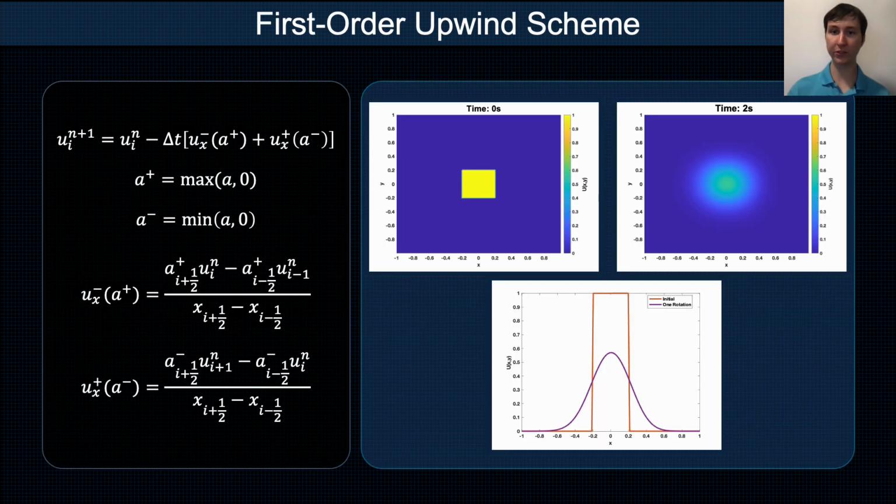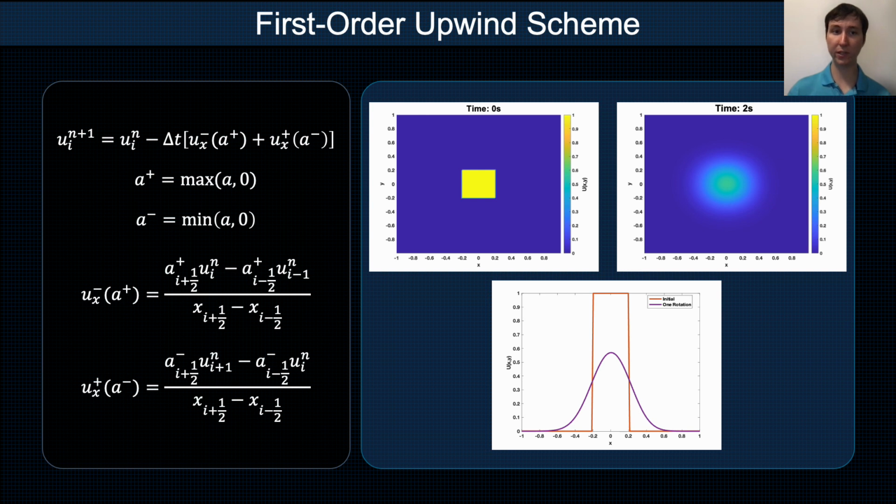Now that we've introduced our time discretization schemes, let's take a look at our spatial discretization schemes. So first we're taking a look at the first order upwind scheme. Here on the left we show what the 1D upwind scheme looks like, where u is our function value at x, a is our velocity, and x is our spatial location.